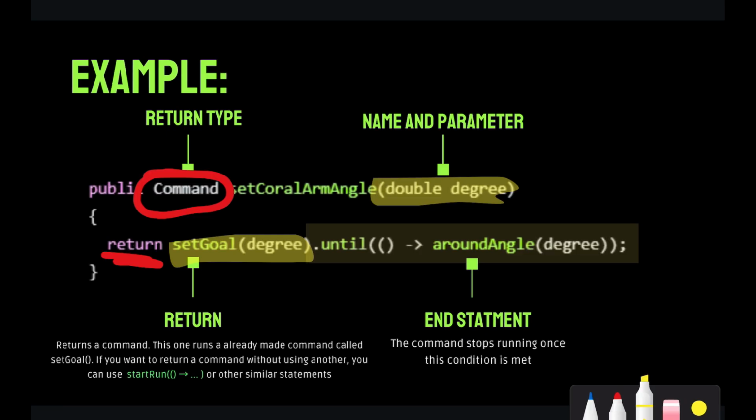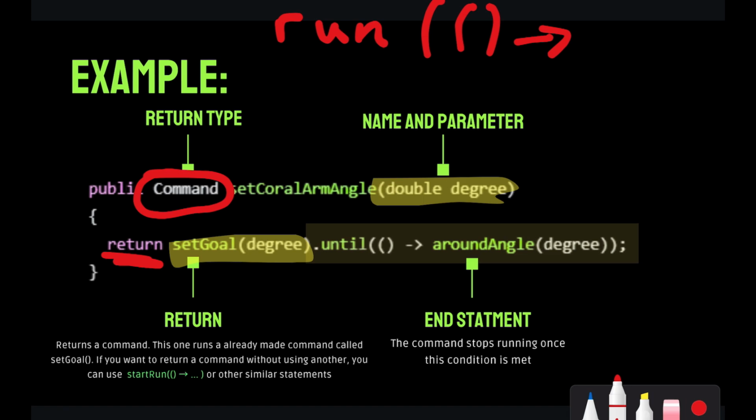If you want, instead of returning another command, to run a void method or something else in here, you can do a run and then parentheses, and then an arrow, and then you put your command in here.